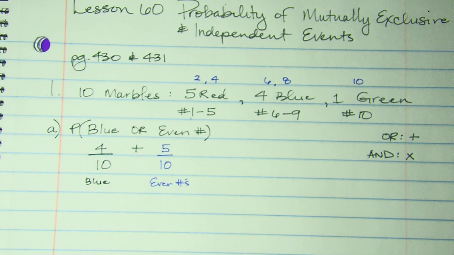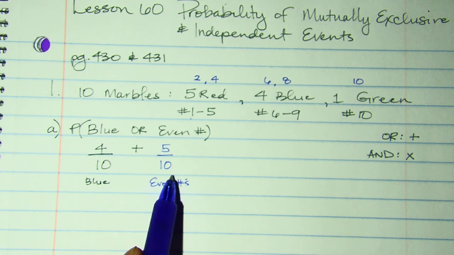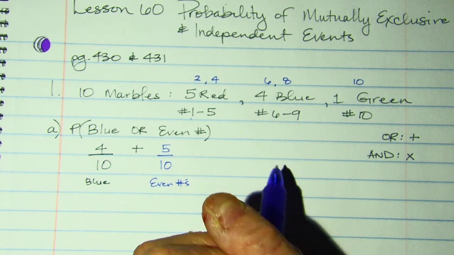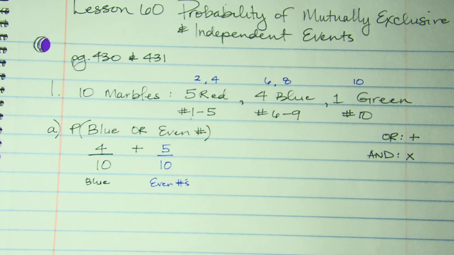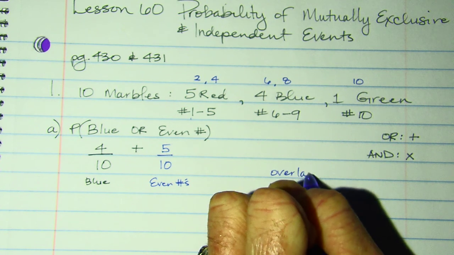Now, are there any blue that are also even? So there is a term for this. Because I have blue marbles that are also even, these are overlapping events.